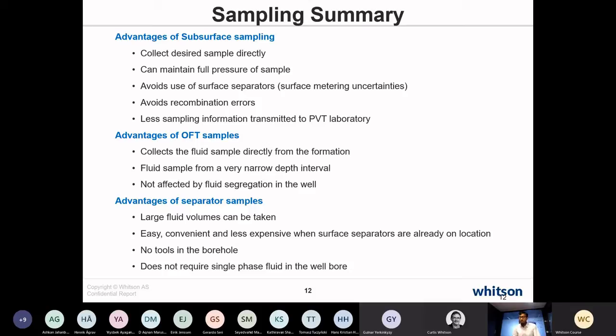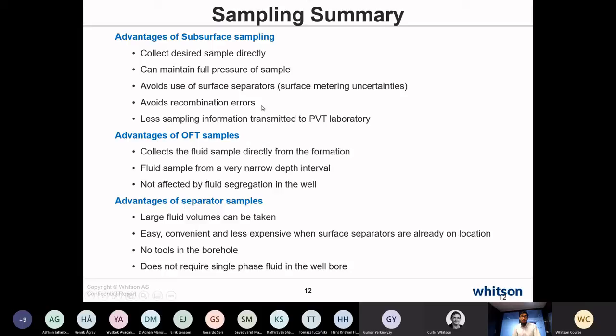No matter how hard you try, there is always some uncertainty in the gas rate measurement and the oil rate measurement. That gives uncertainty in the recombination GOR, and that gives a slightly different well stream composition than what is actually there.